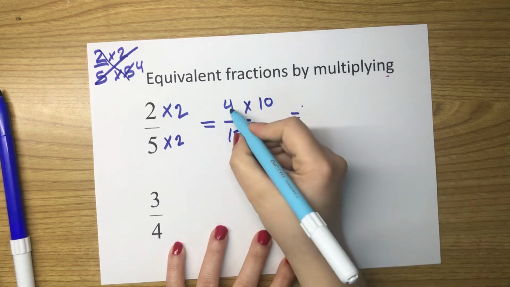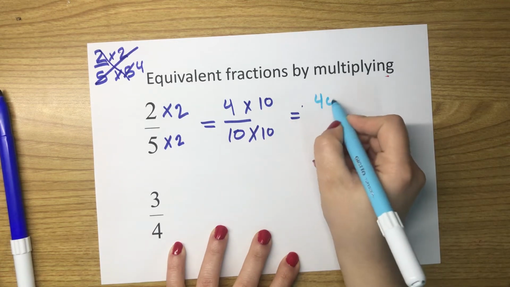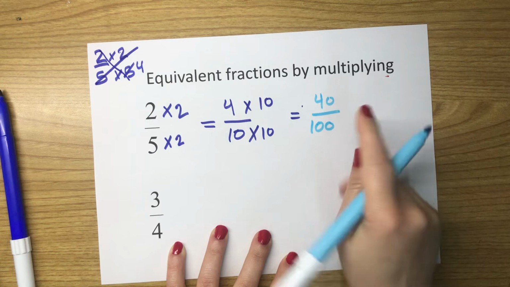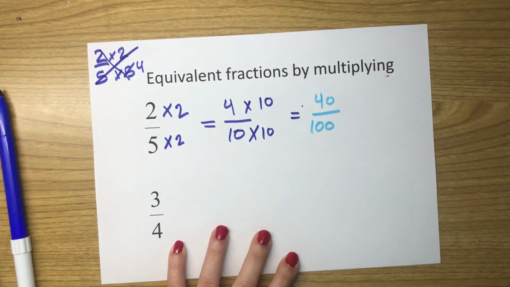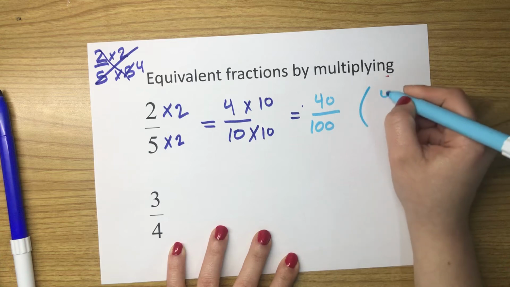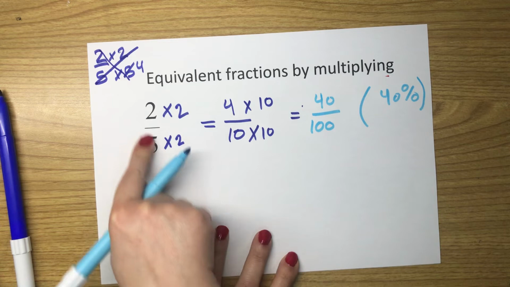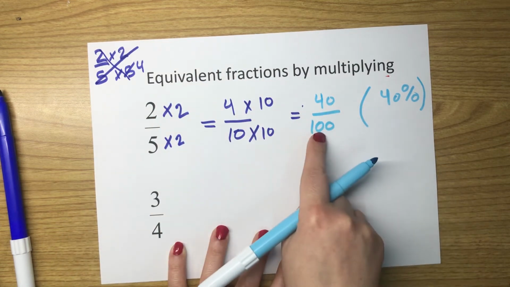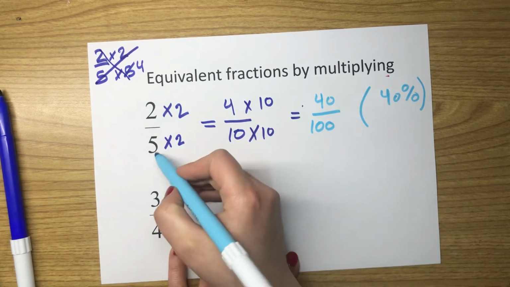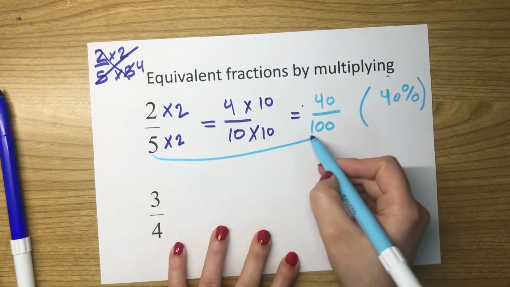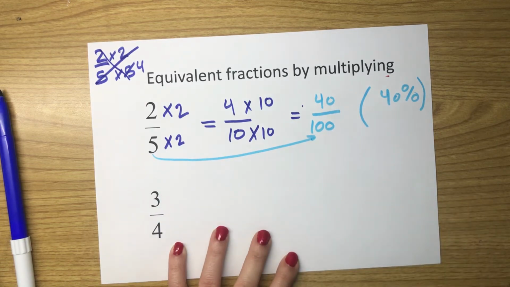Okay, so 4 times 10 equals 40 over 100. What does that remind you of? That reminds you of percentages. This is 40%. So actually 2 over 5 is equal to 40% if we make the denominator 100. 5 changed into 100. Exactly, guys.